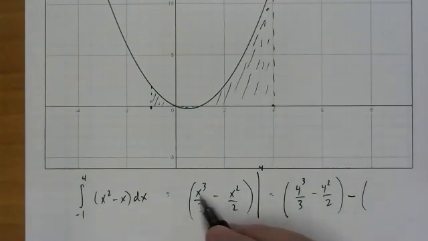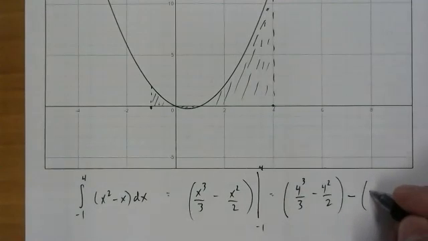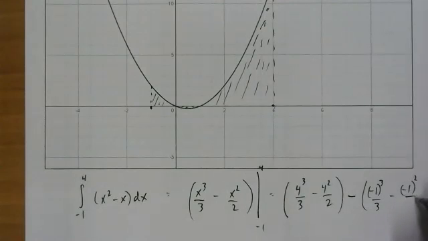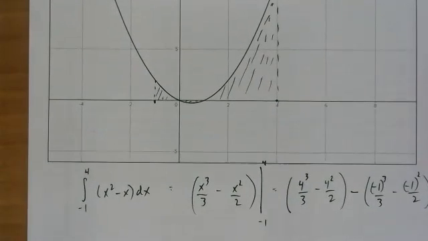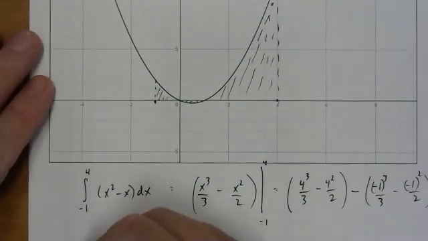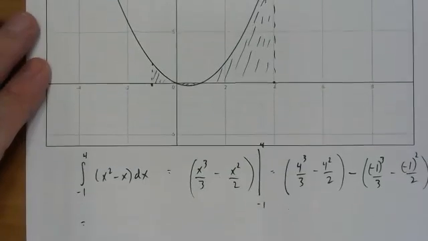Now I'm going to plug in -1 for x. So -1 cubed over 3 minus -1 squared over 2. So now it's just a matter of doing this pretty messy math.